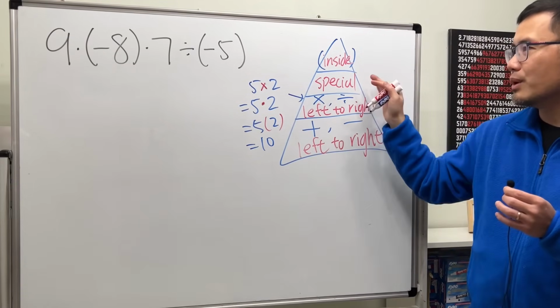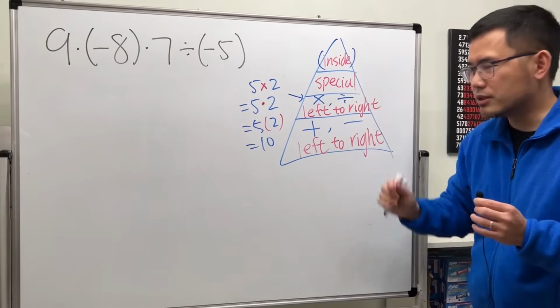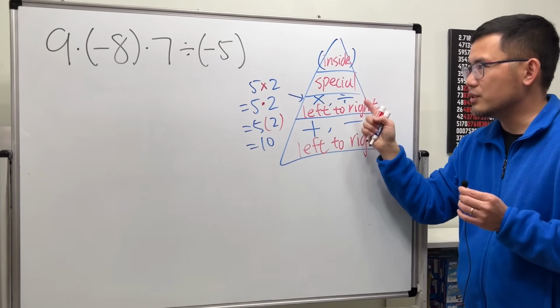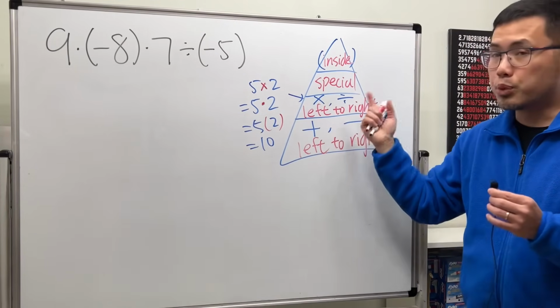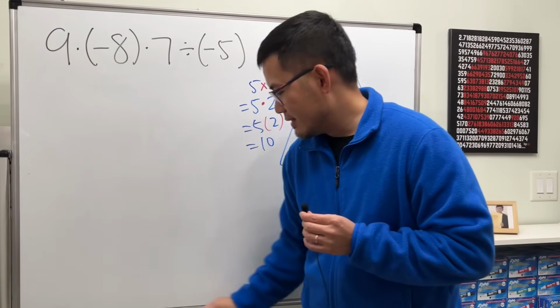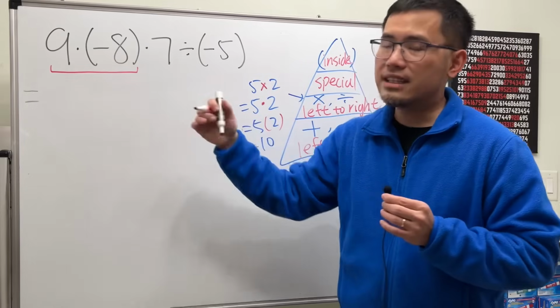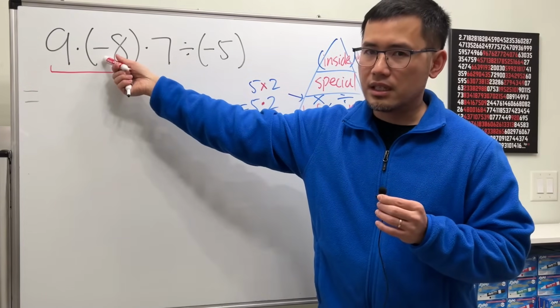All right, now we don't have special exponents or square roots, no special operations. So we check. We have multiplication and division, and that's the only thing that we have. So we proceed from left to right. So here we go. Let's go ahead and work out 9 times -8. 9 is positive, -8 is negative.